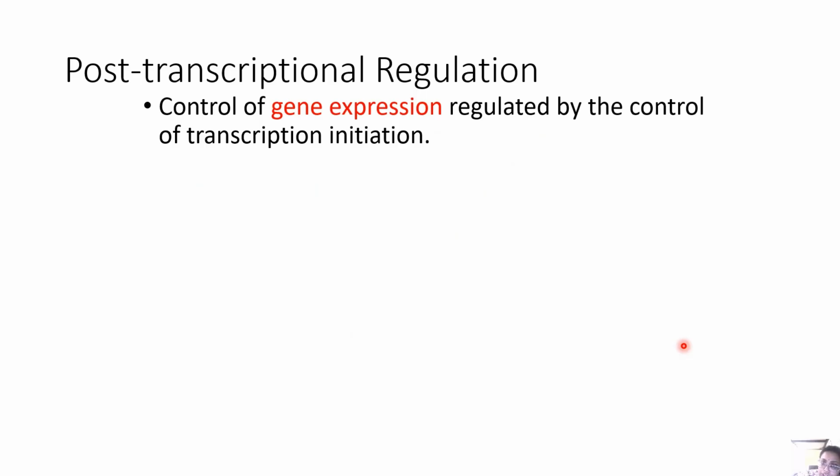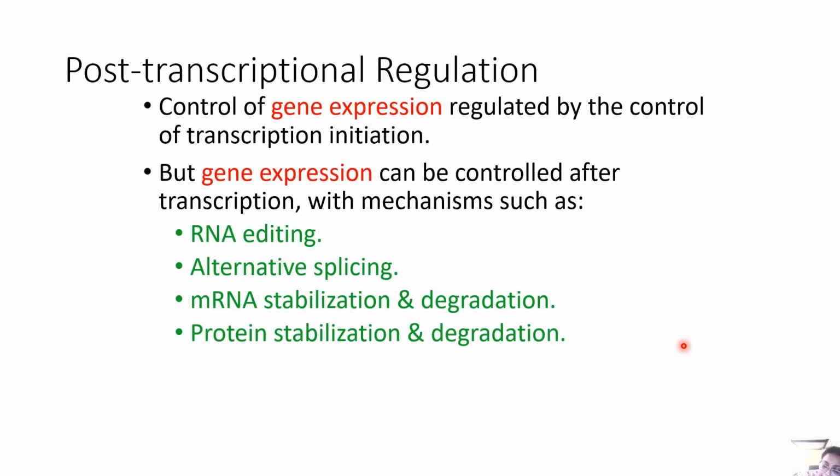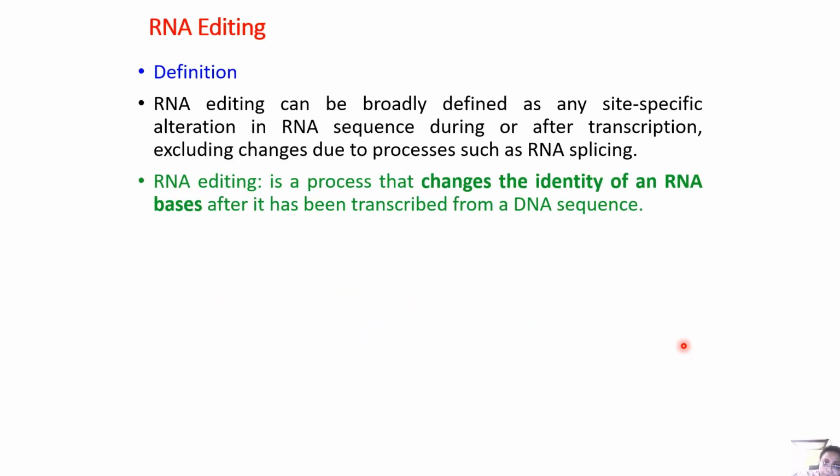Then we have the post-transcriptional regulation. The control of gene expression is regulated by the control of transcription initiation, but gene expression can be controlled after transcription with mechanisms such as RNA editing, alternative splicing, mRNA stabilization and degradation, protein stabilization and degradation.